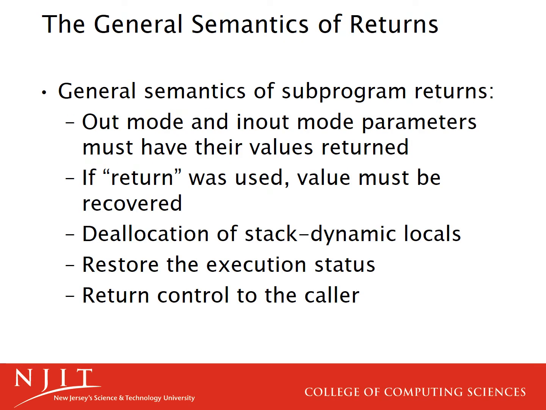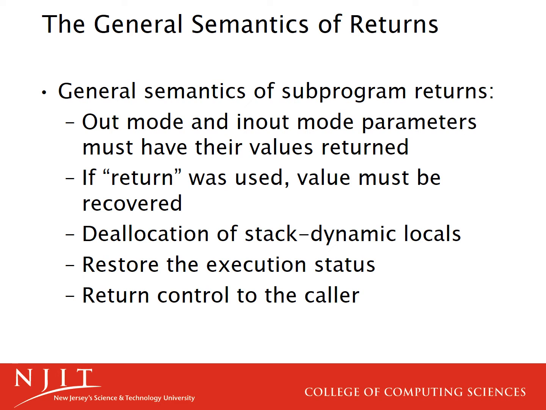When you return, what do you do? Well, if there are any out mode parameters or in out mode parameters, or in our context, if the function returns something, the value has to be returned. Those values have to be recovered. Things have to be copied out of the function. Stack dynamic local variables have to be deallocated.